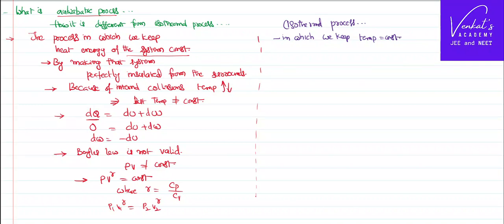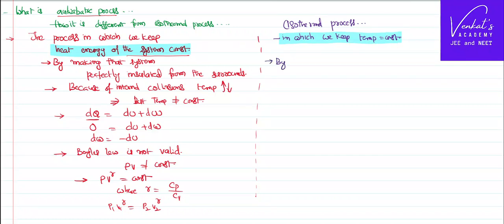We keep the temperature of the system constant. So if you compare here, in adiabatic process, we keep heat energy of the system constant, but in isothermal process, we keep the temperature of the system constant.